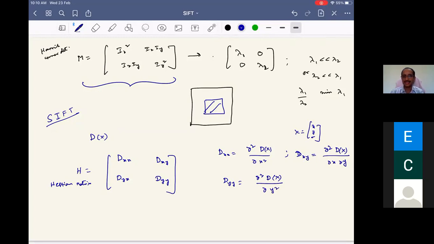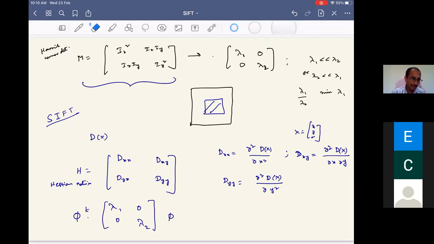Once we have the Hessian matrix like this, if we look at the eigenvalues of this matrix, then for decomposing into eigenvalues you may need the eigenvectors also. But now we are not discussing too much on the eigenvalues.